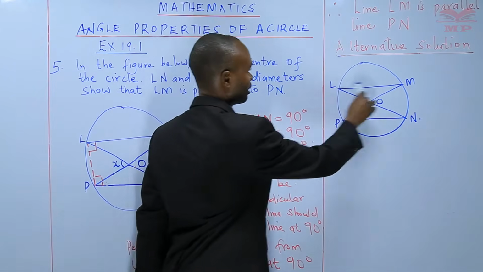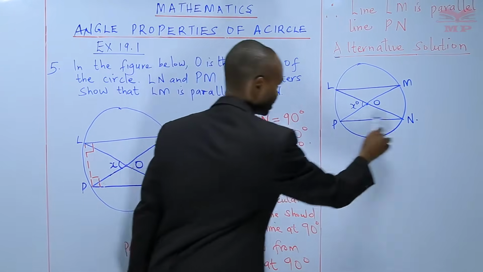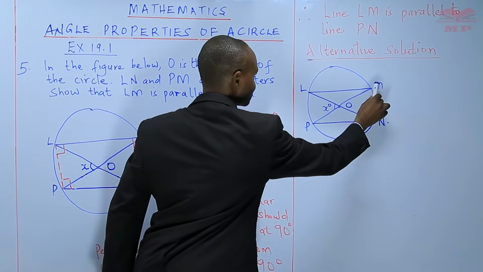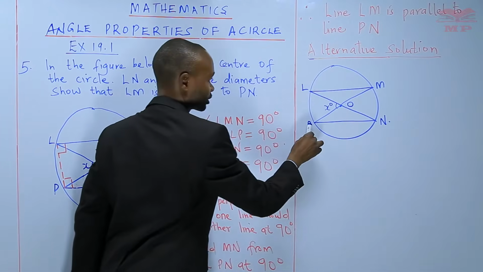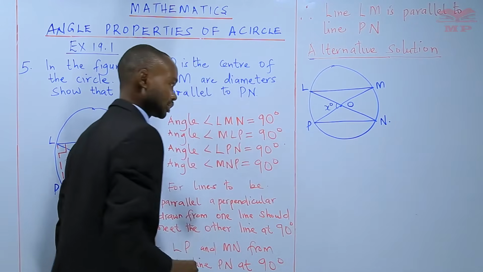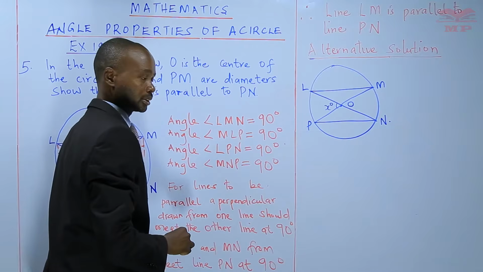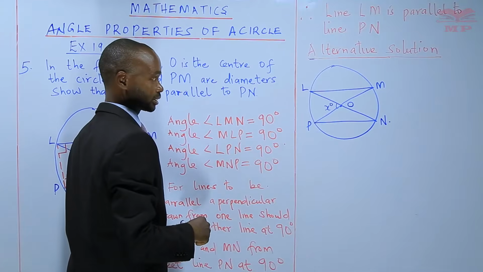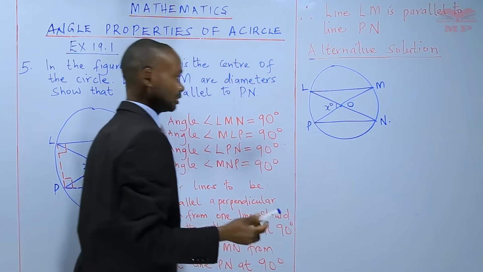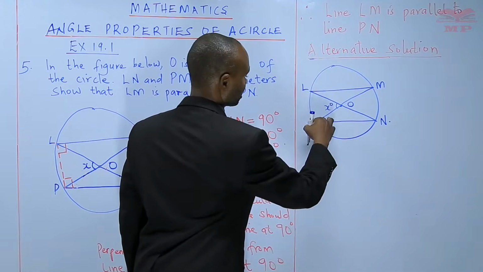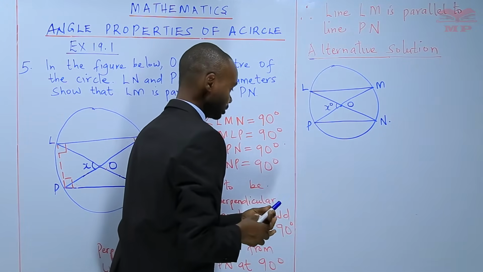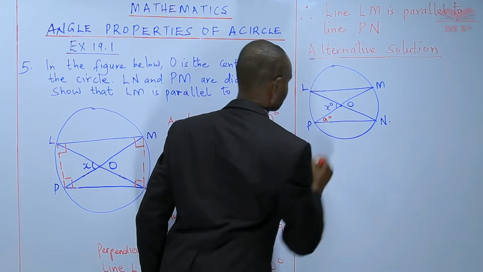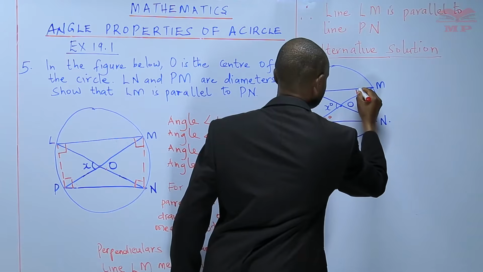We have line LM and PN. MP is a line from line LM going to cut line PN at point P. So if the lines are parallel, the value of this angle, A degrees, will be equal to B degrees.